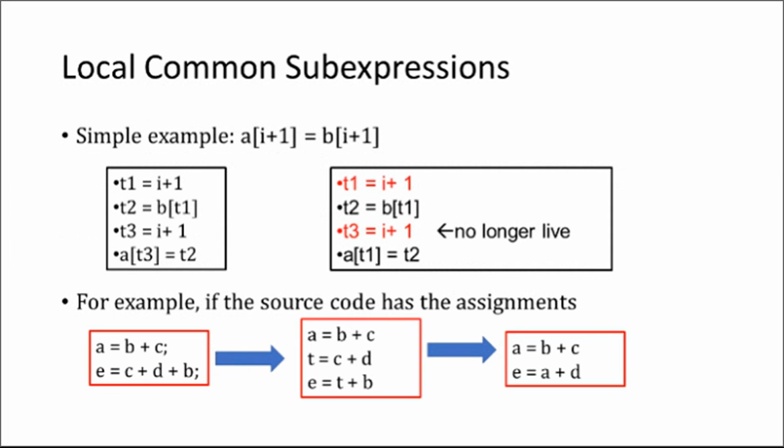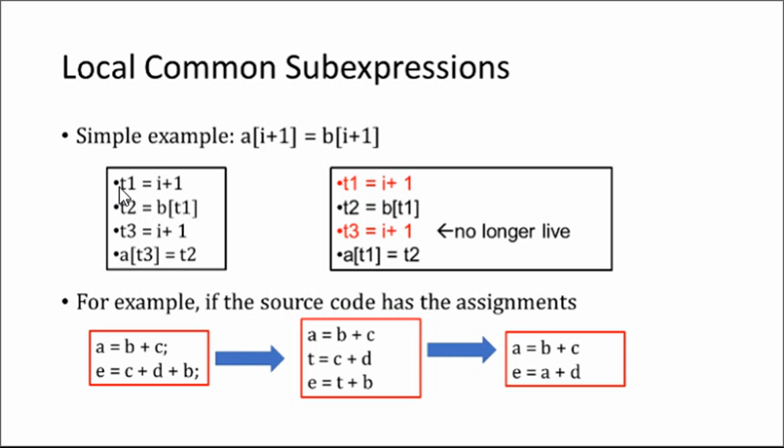In the local common sub-expression, here we are going to compute T1, A of I plus 1 is equal to B of I plus 1. Means the value of I plus 1, whatever the index we get, that value will be assigned to A of I plus 1. So for this reason, we write the three address code like this. T1 is equal to I plus 1, T2 is equal to B of T1, T3 is equal to I plus 1, and A of T3 is equal to T2.